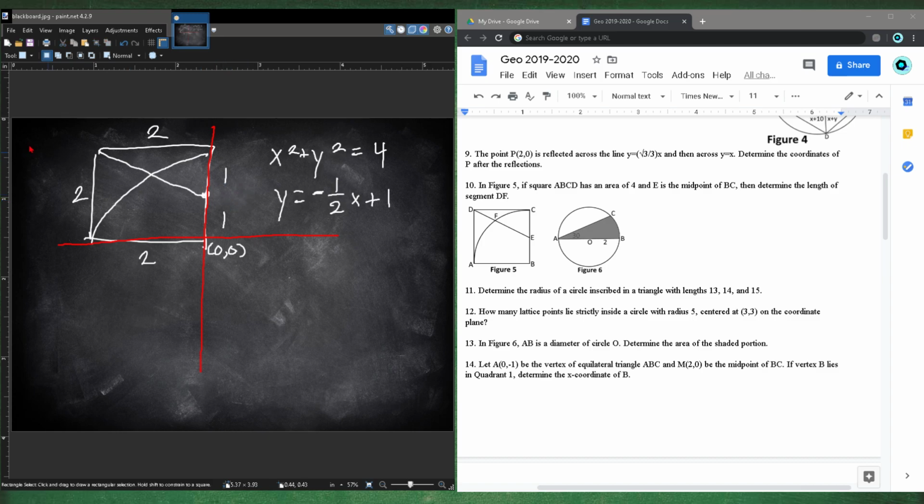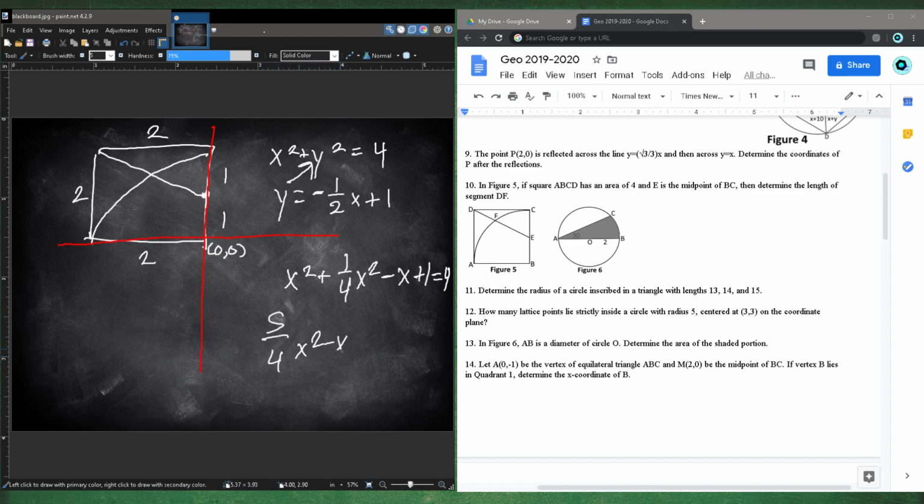Okay, so what we could do now is plug the y into here. So we're gonna have x squared plus 1/4 x squared minus 1 half times 1 is negative 1 half times 2 is negative x, right? And then plus 1 equals 4, right? So that's 5 over 4 x squared minus x, and then put the 4 to the other side, so that's minus 3.